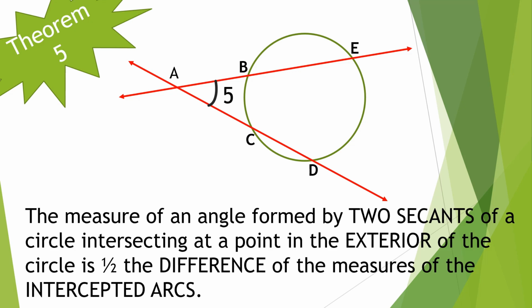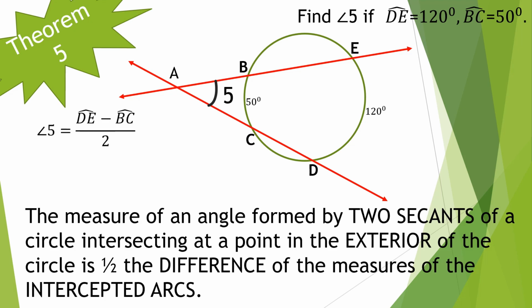So we have here, supposedly we are going to find angle 5 if arc DE is the bigger intercepted arc, this one, and the smaller intercepted arc is arc BC, this one. We are going to get the difference between the two and divide it by 2.